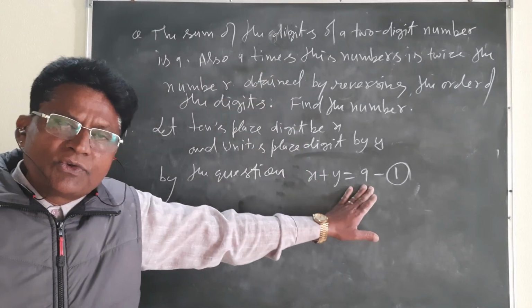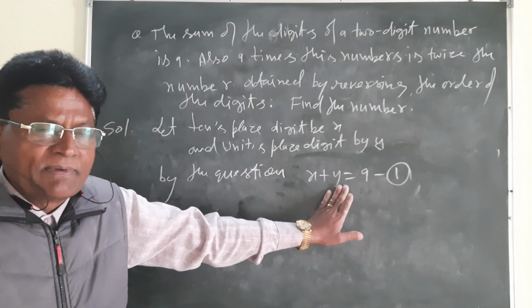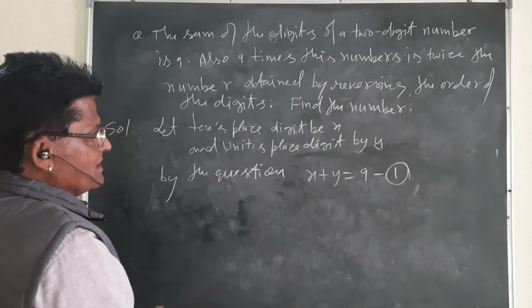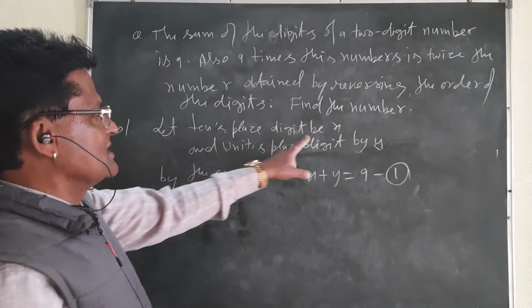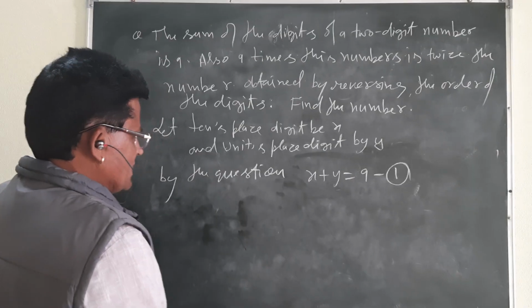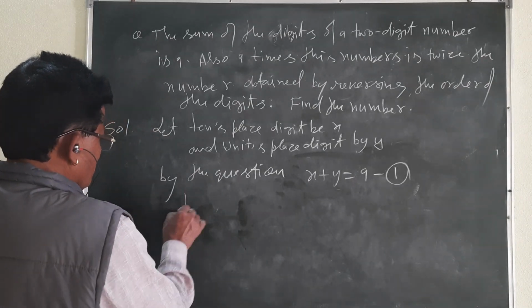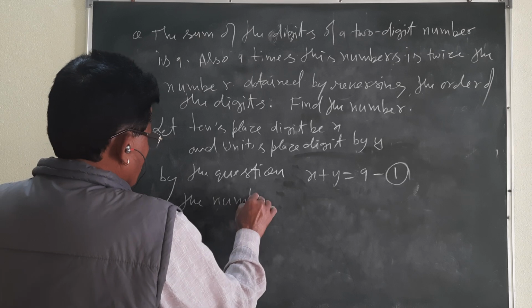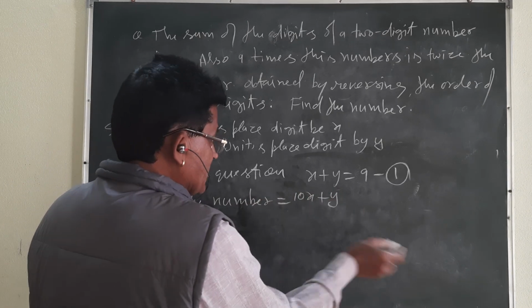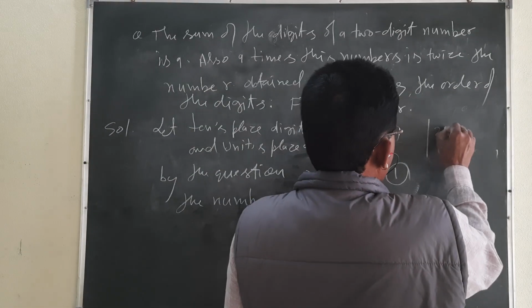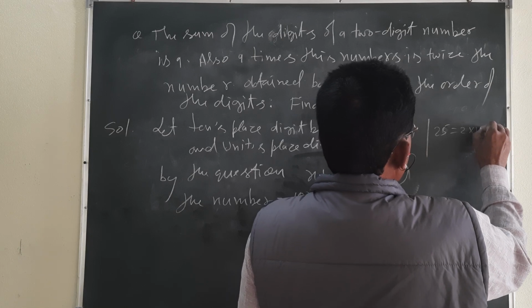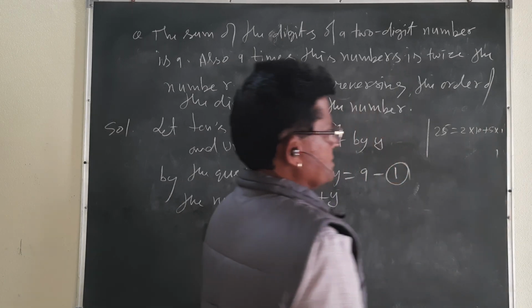Now once again you see, what number will there be when the tens place digit is x and the unit place digit is y? The number will be equal to 10x plus y. As I told you just before, in the 25, 2 into 10 plus 5 into 1, like that.